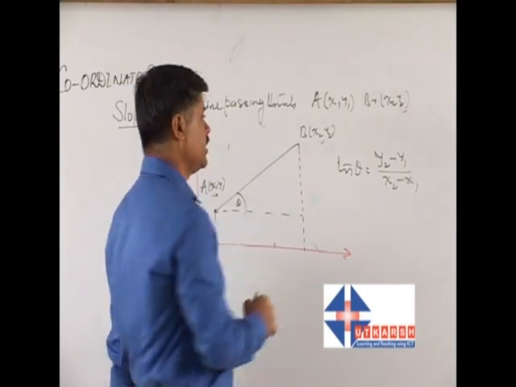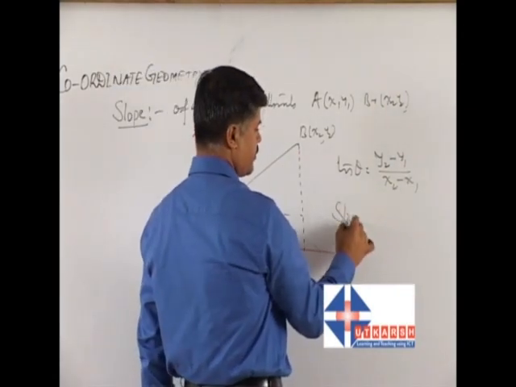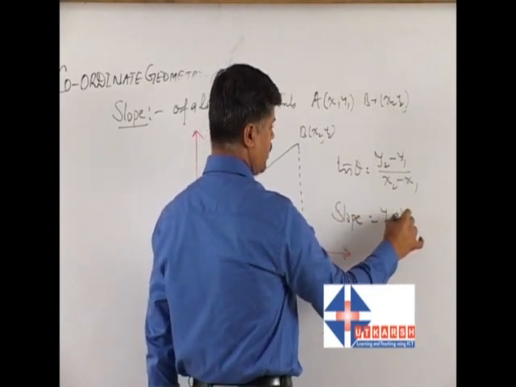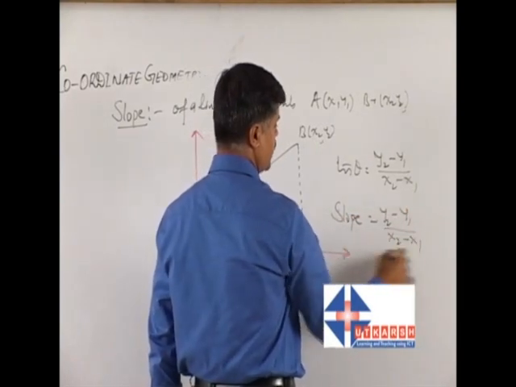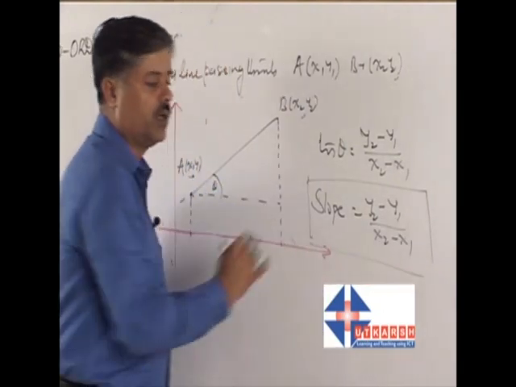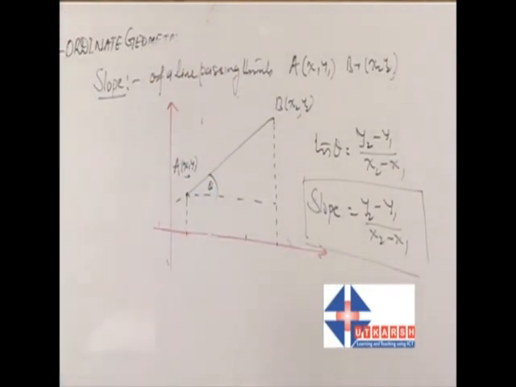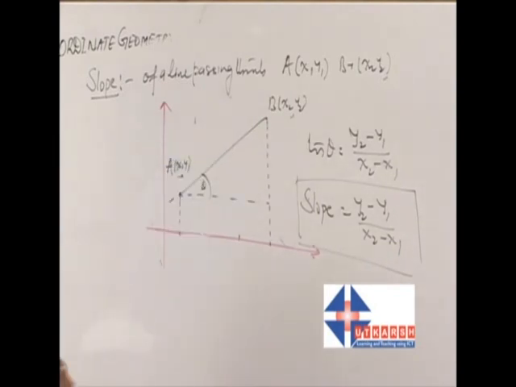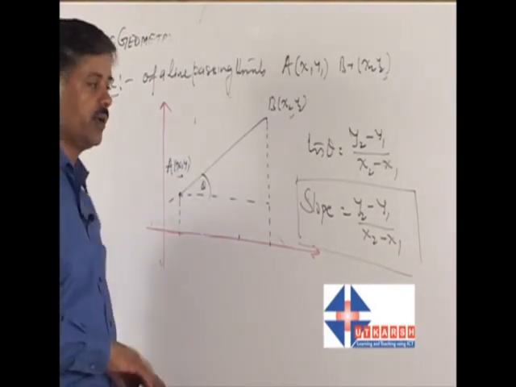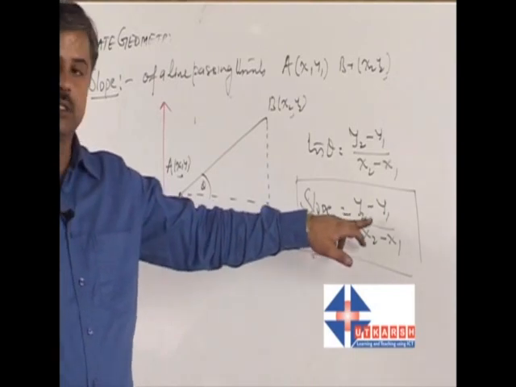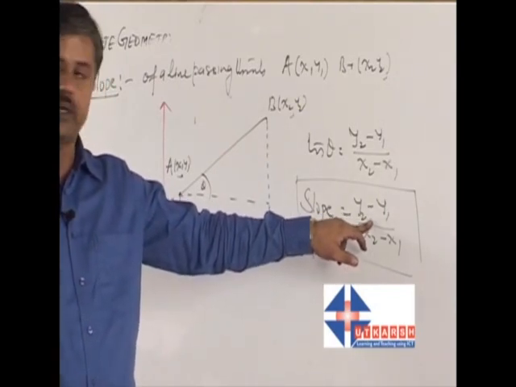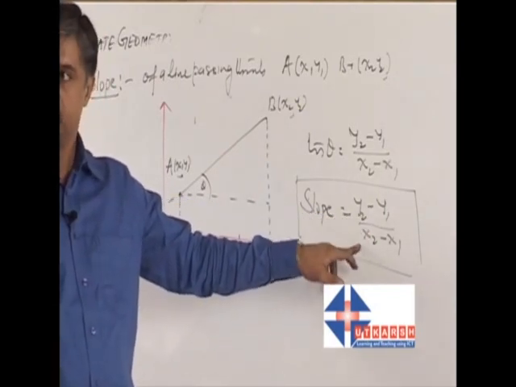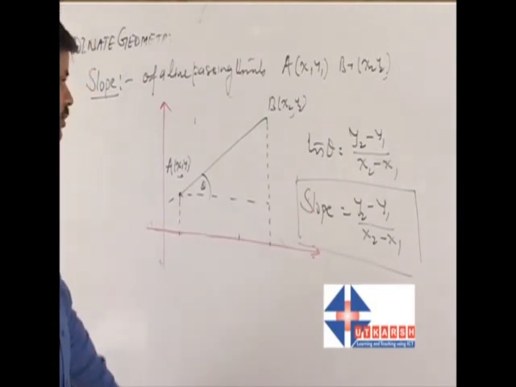So the slope is y2 minus y1 upon x2 minus x1. This is the slope of the line passing through two points (x1, y1) and (x2, y2). Or you can say the slope of the line is the difference of the ordinates upon the difference of the abscissas. That is called slope.